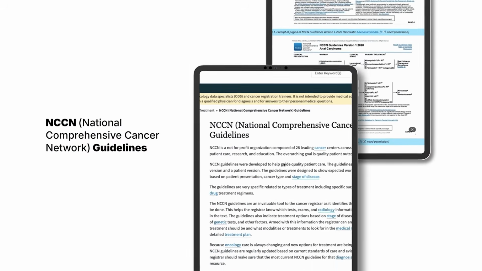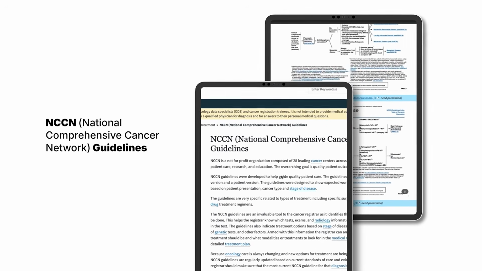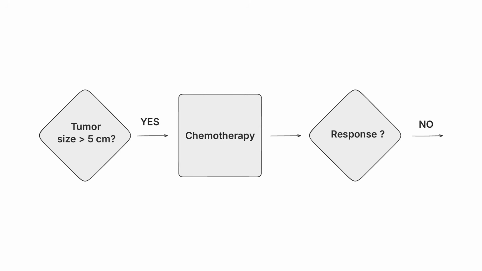Okay. Now, there are also guidelines for cancer called NCCN guidelines. This is a non-profit organization, and they provide you with a detailed worksheet or workflow of what you should do if the patient has something, right? For example, if your tumor size is more than 5 centimeters and the patient didn't respond to chemotherapy, okay, you should do this.